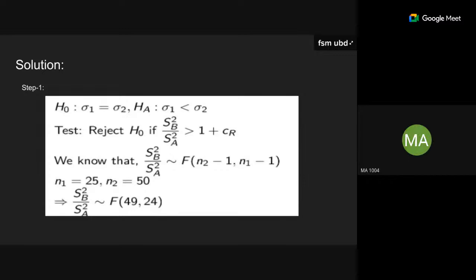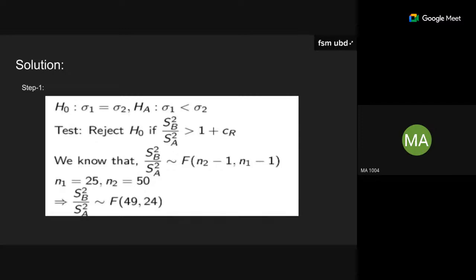So if we treat sigma 1 as the standard deviation of A and sigma 2 as the standard deviation of B, our null will be sigma 1 is equal to sigma 2 and the alternative will be that marks of section B is greater than section A. So I am going to reject my null if the ratio of the sample variances is greater than some 1 plus CR.